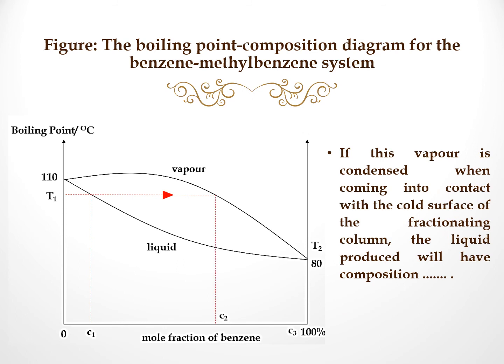If this vapor is condensed when coming into contact with the cool surface of the fractionating column, the liquid produced will have composition C2. It hasn't reached the condenser, so it's still in the fractionating column.